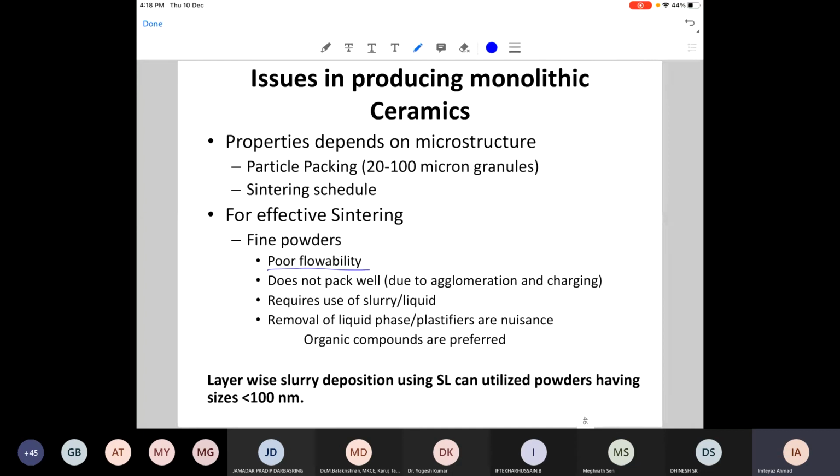So for fine powders, either you go by 3DP or use slurries, plasticizers. Now, removal of these plasticizers or slurries again becomes a nuisance. So generally, in the SL method, you can utilize to some extent particles lower than 100 nanometers, but again, it's a problem. People have shown this can be done, but I'm not sure.